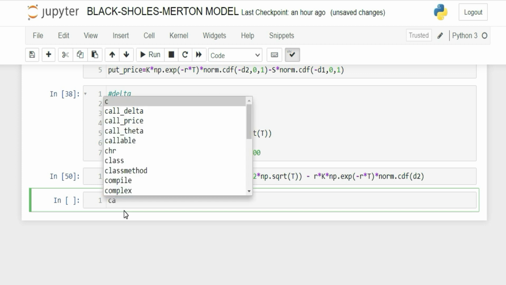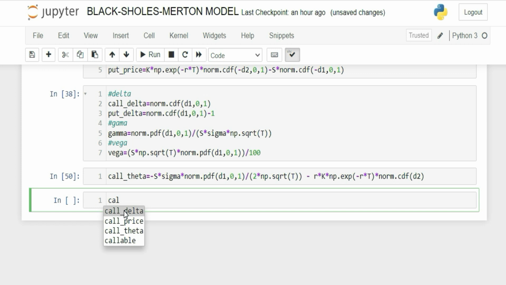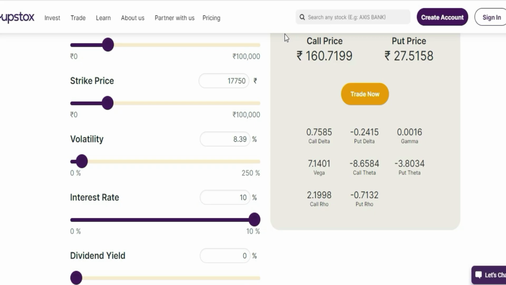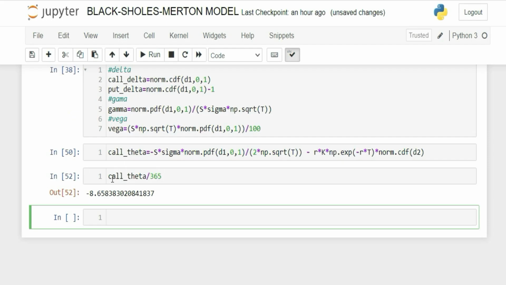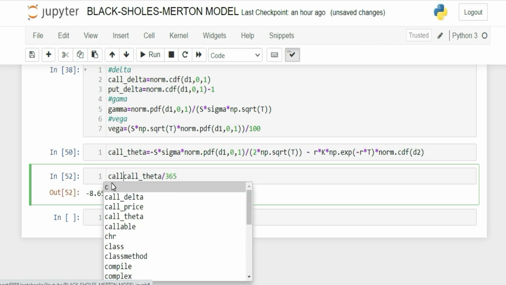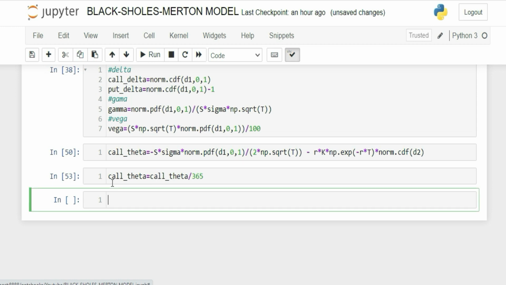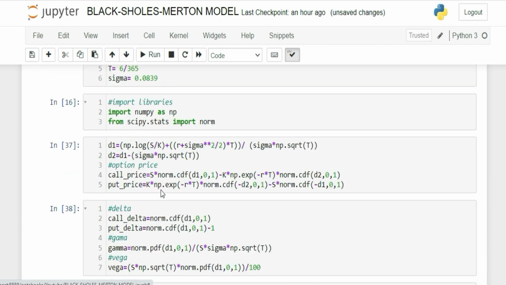So the call theta divided by 365, what is coming? Minus 8.6583. We can go and check, minus 8.6584, okay, it's matching. So this is my call theta.